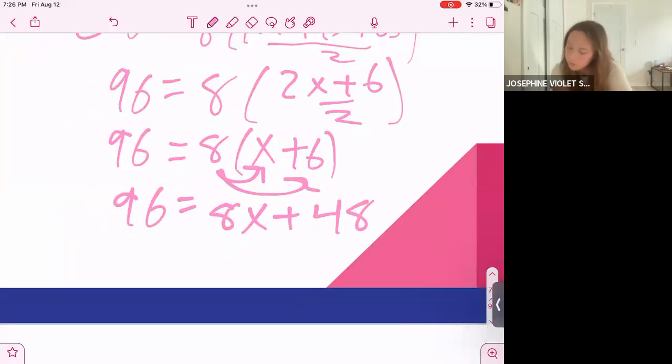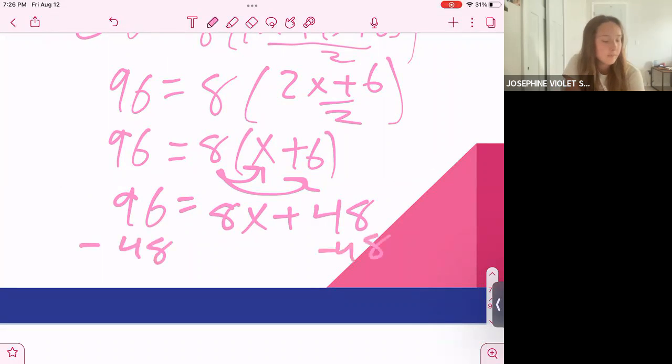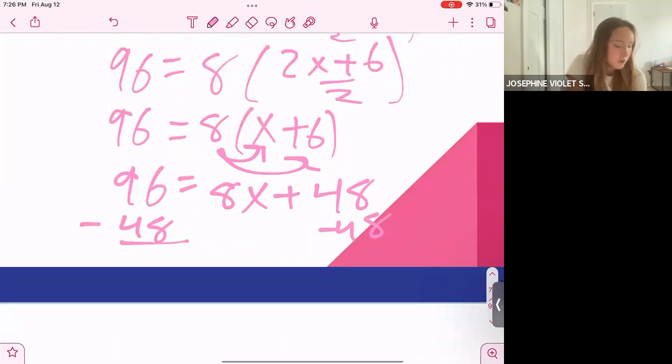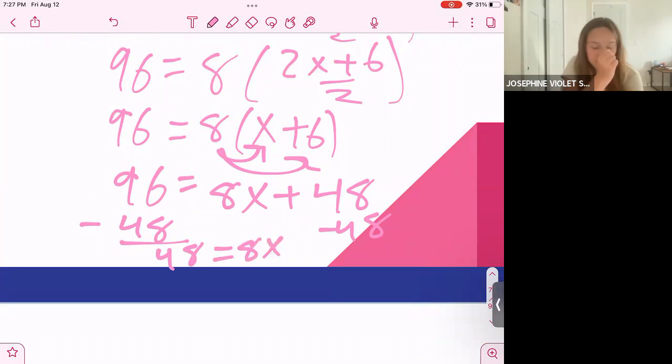And then if we subtract the, actually, I think I found my error in solving this. When I solved this, I got 24 over here for some reason. So yeah, I think you were right. So if we subtract 48 from both sides, pretty sure we also get 48 equals 8x, and x equals, wait, I did something wrong, I feel like.